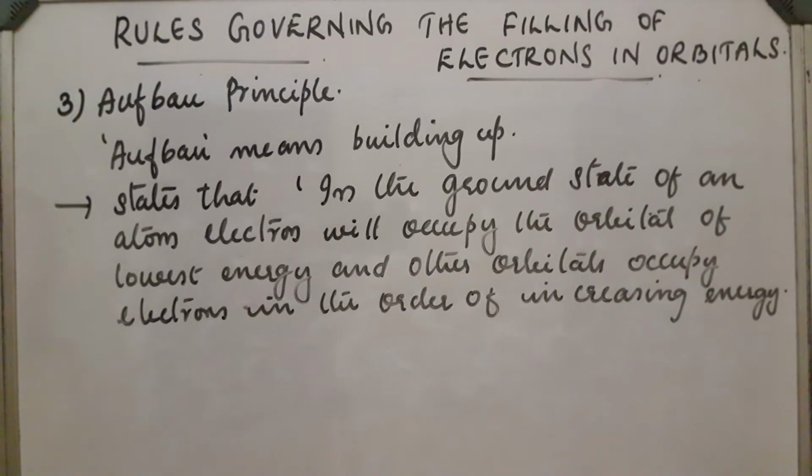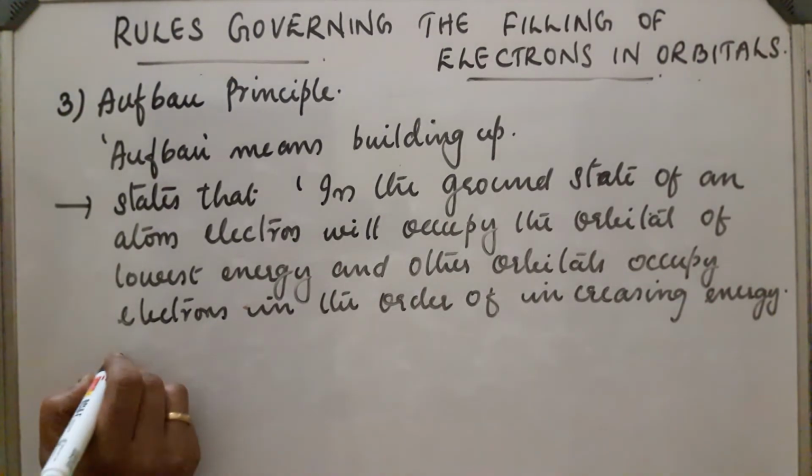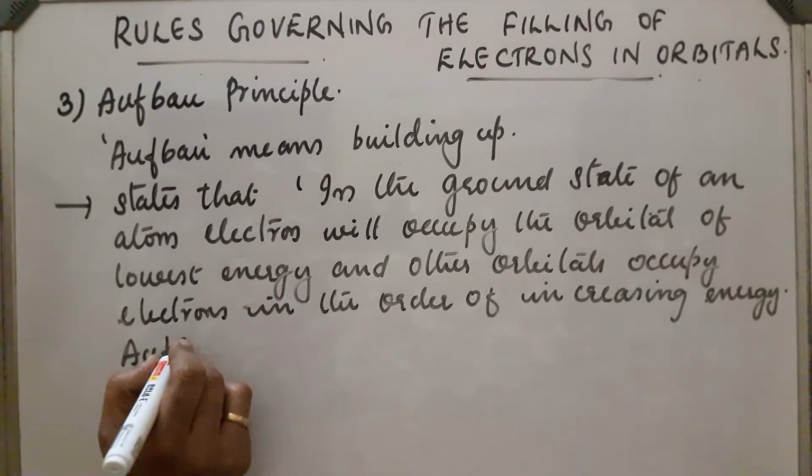So these orbitals are arranged according to their increasing energy and this order is called Aufbau order.